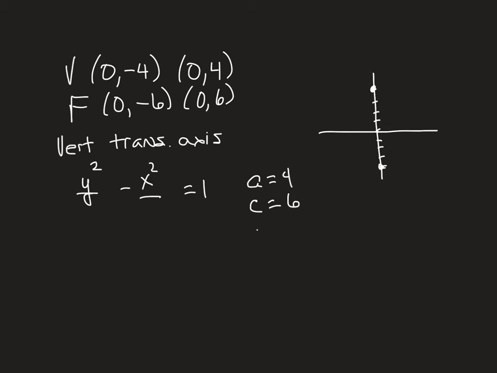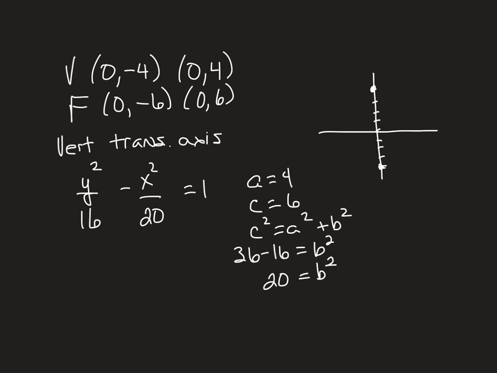So we know that c squared equals a squared plus b squared, or 36 minus 16 equals b squared, so b squared is 20. So our equation is y squared over 16, which is a squared, minus x squared over 20 equals 1.